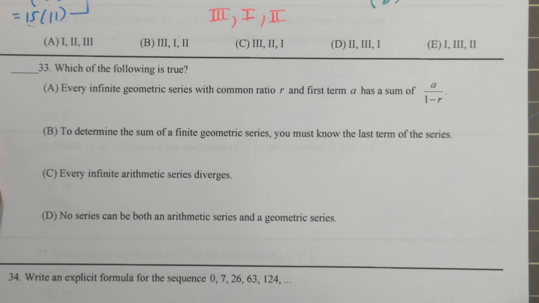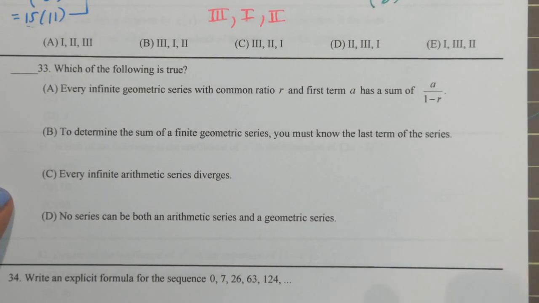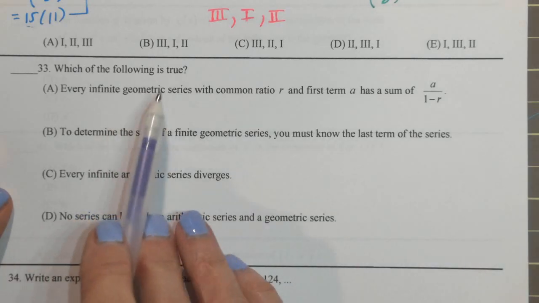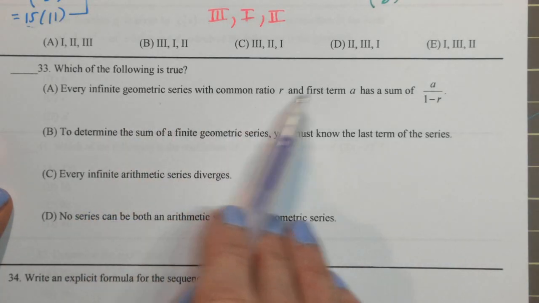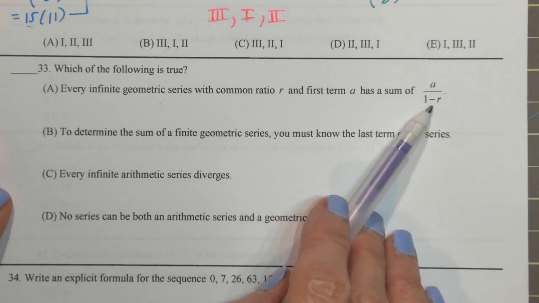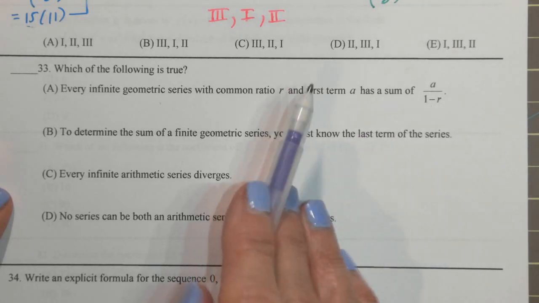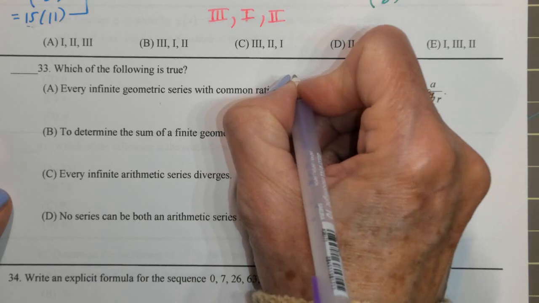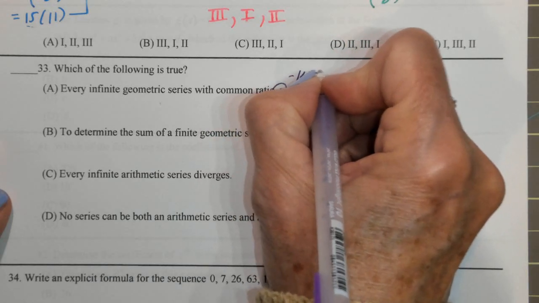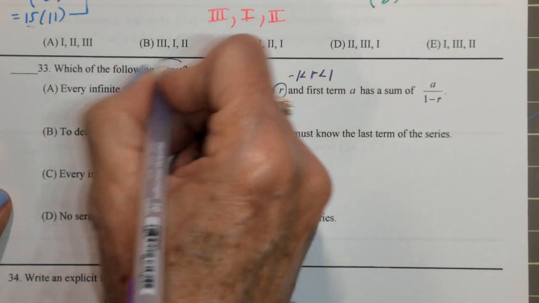Okay, which of the following is true? Every infinite geoseries with common ratio r and first term a has this sum. No. R must be between -1 and 1. It must be. So that is not true.